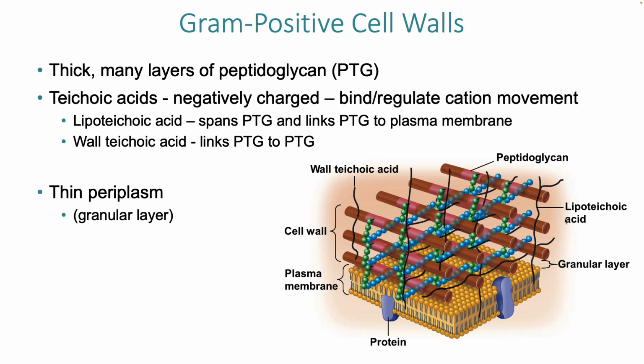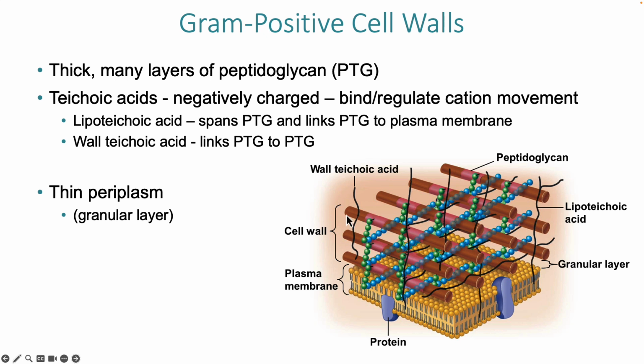But they also have this compound called teichoic acids. These are negatively charged molecules found within the cell wall, and they help link it to the cell membrane. If they link it to the cell membrane, they're called lipoteichoic acids.